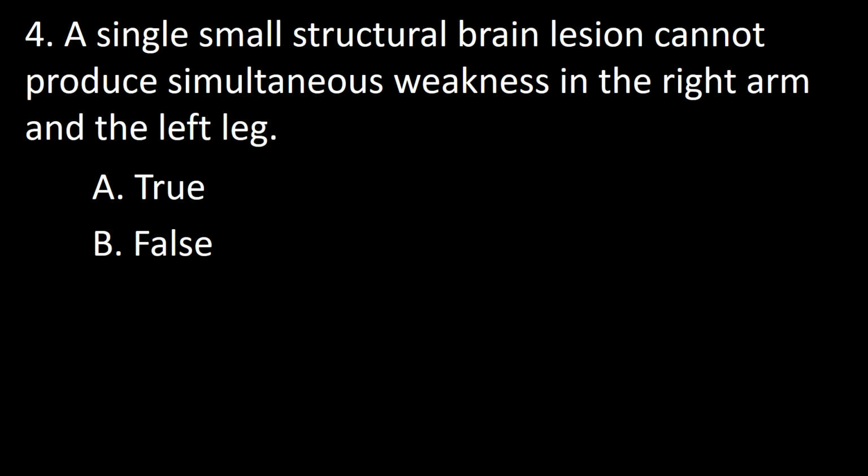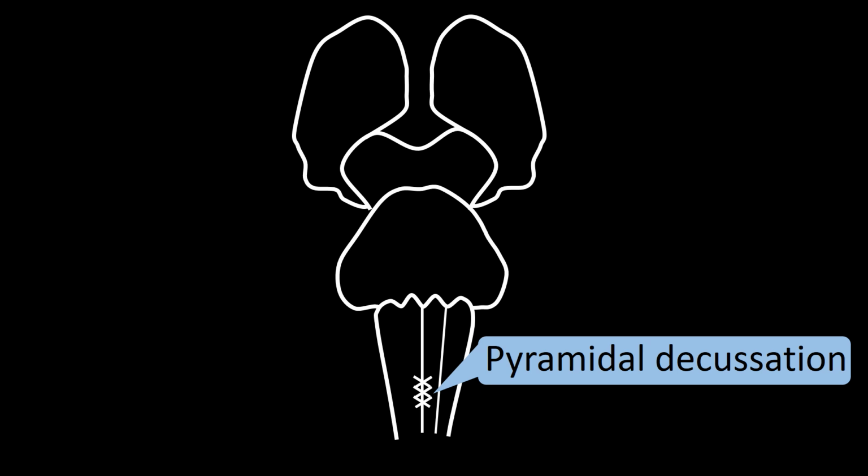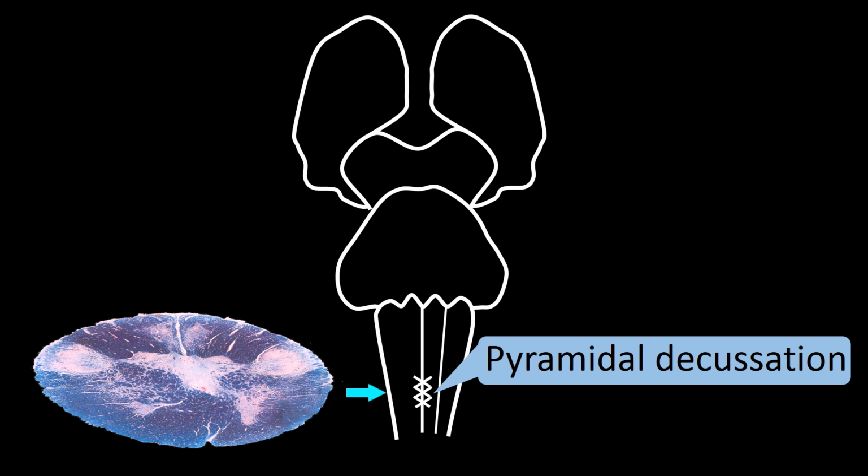Next question. A single small structural brain lesion cannot produce simultaneous weakness in the right arm and the left leg. A, true, B, false. These multiplication signs represent the pyramidal decussation. Here I have introduced a cut at the indicated level. Notice the massive crossing of fibers.